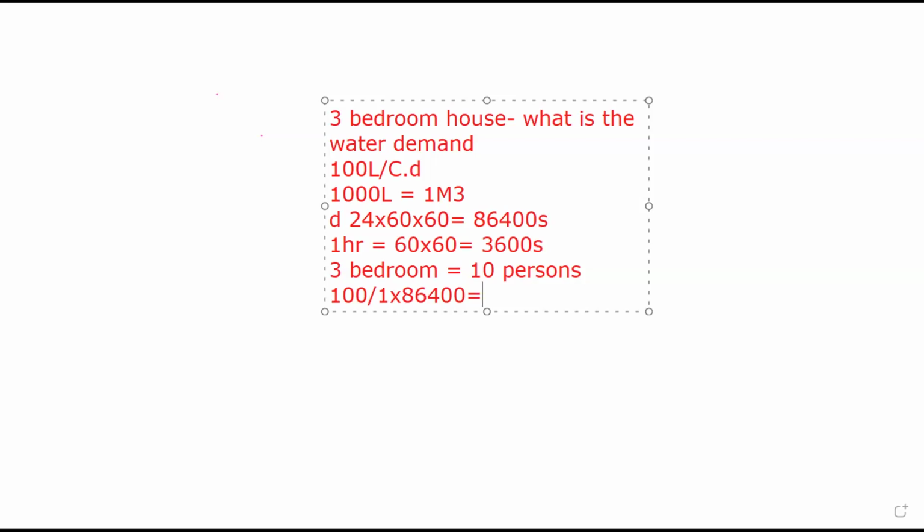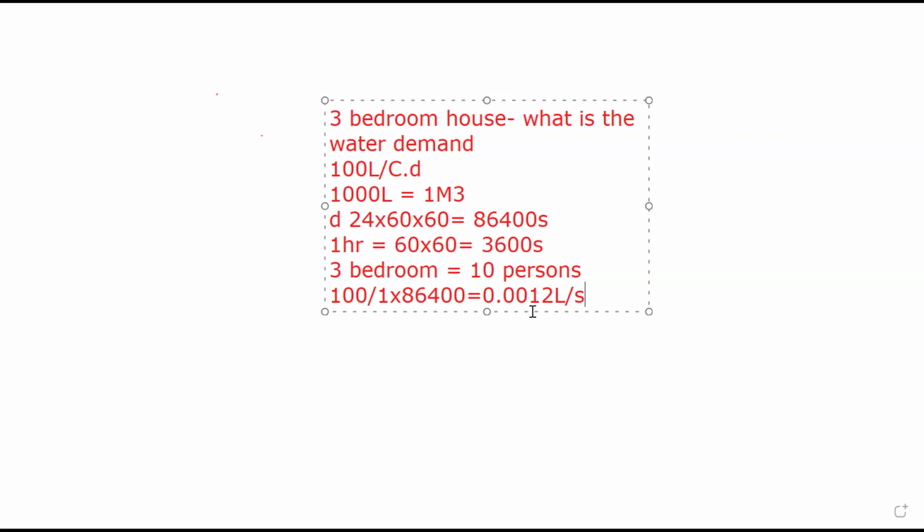So here we have 100 divided by 8,600. It will give me 0.0012, let's call it 12 liters per seconds. This is the parameter I need to design my pipe.